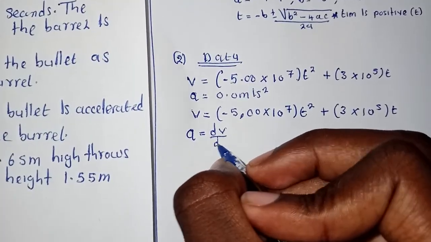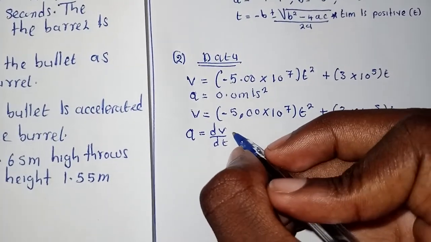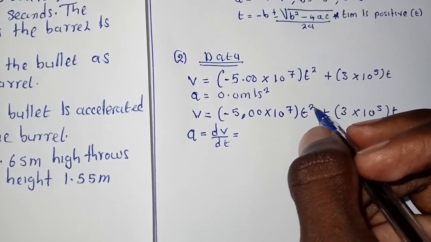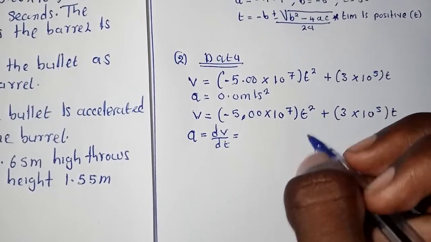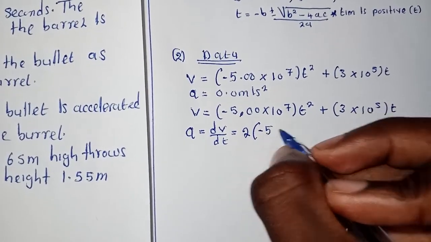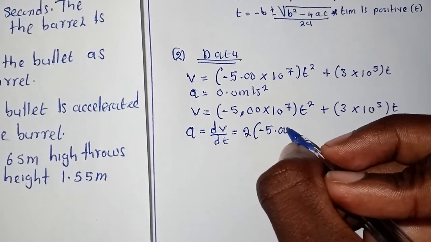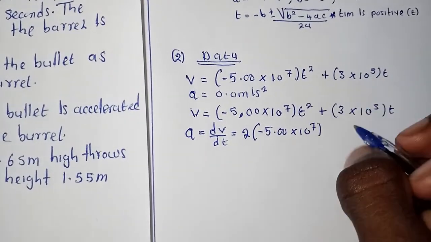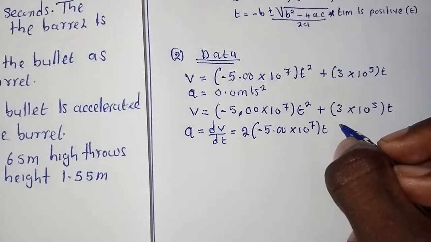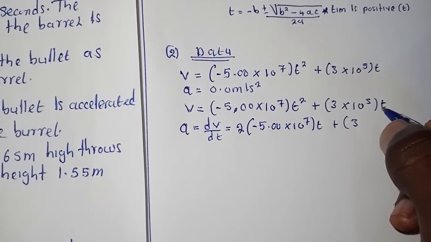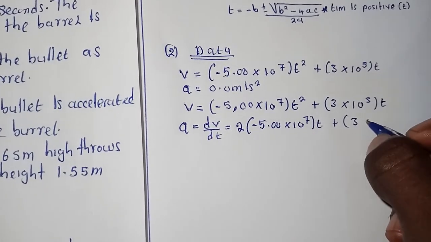So we know that acceleration is equal to dv over dt. We need to multiply everything by the power, which is 2, times negative 5.00 multiplied by 10 to the power 7. Then you reduce the power by 1. For the other term, you just take it as it is, but you remove the variable.